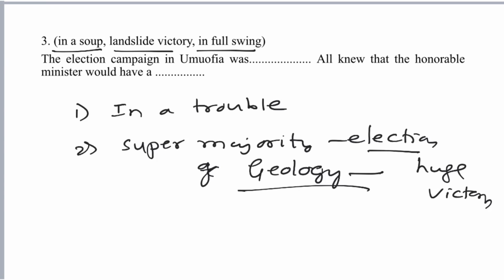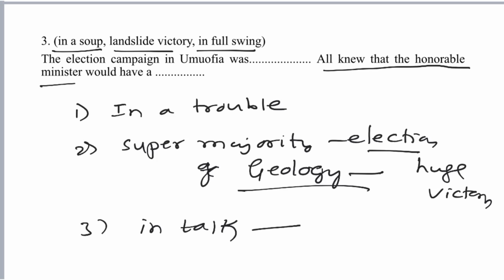Whereas in full swing means it is in talk, it is in publicity, something like that. The election campaign in Umofia was dash. All knew that the honorable minister would have dash. Very simple. When there is an election, normally what happens? People will always be talking about it.